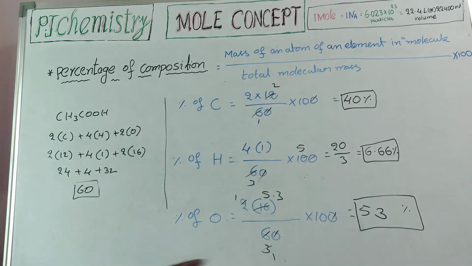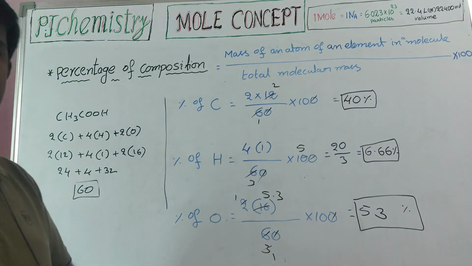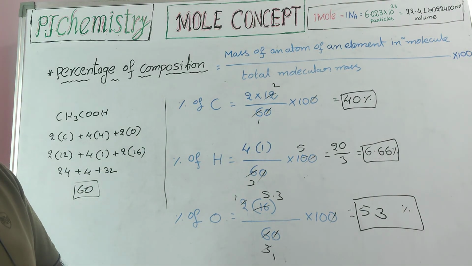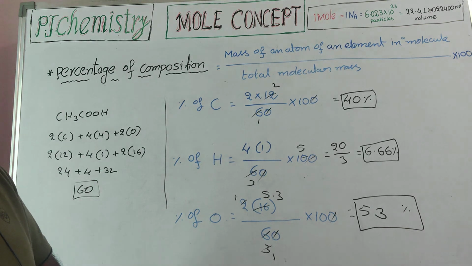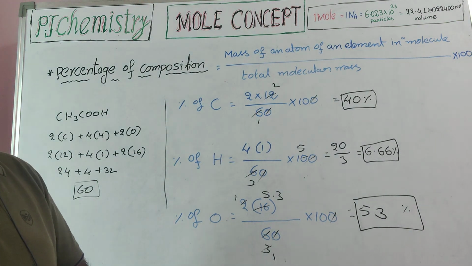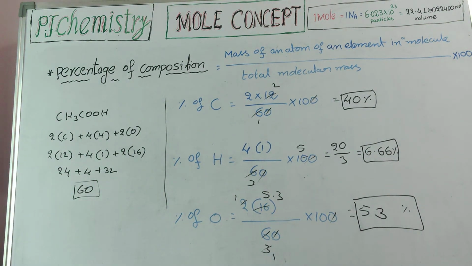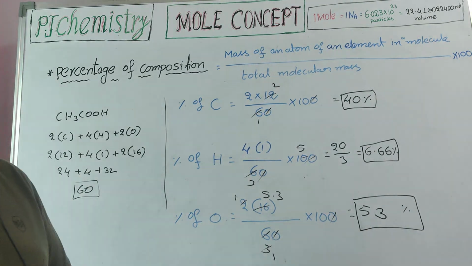Okay, this is the total overall percentage. Yes, I hope you understood. If you all have this mass background, this is all very easy. Percentage of composition, then we will calculate very fast.